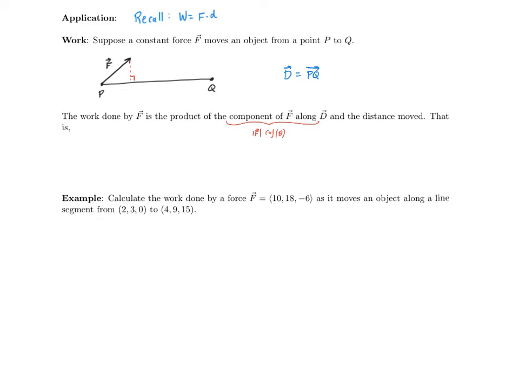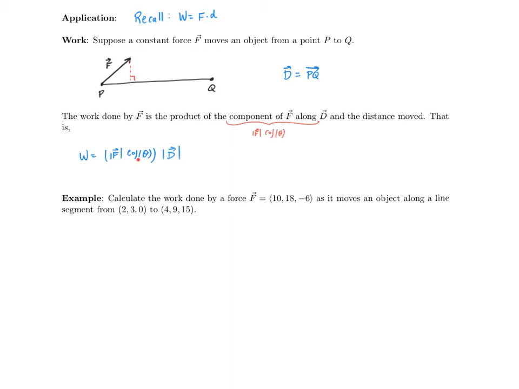So the work done is the product of that component, magnitude F cosine theta, multiplied by the total distance moved, the magnitude of D.